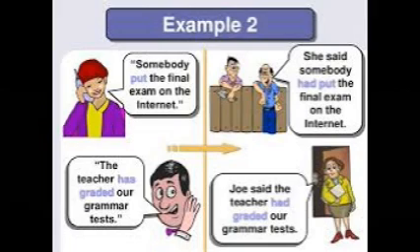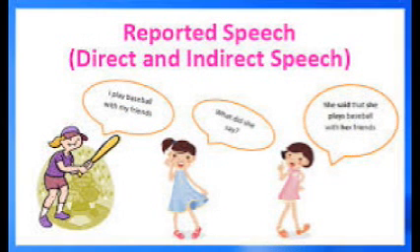Another difference is in reported speech, the reporting verbs like asked, enquired, commanded, ordered, requested, advised, suggested, exclaimed, shouted, etc. are often used in the place of the reporting verb said to convey the mood of the spoken words.